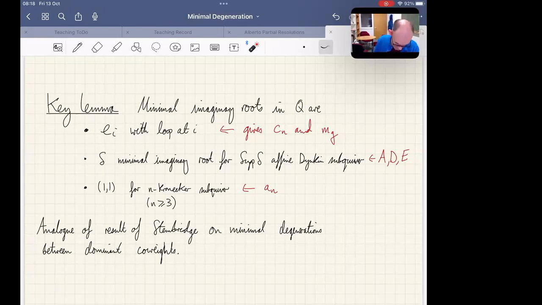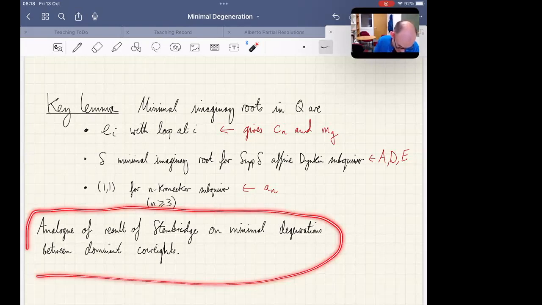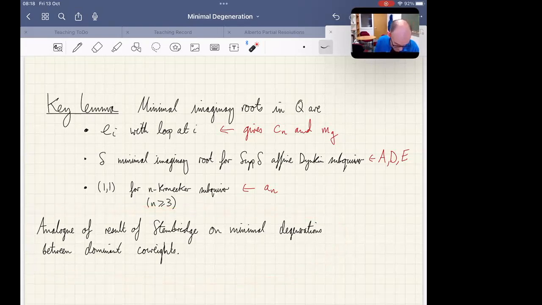That's how the analogous result for affine Grassmannians comes about. And once you have this lemma, the classification follows very easily.